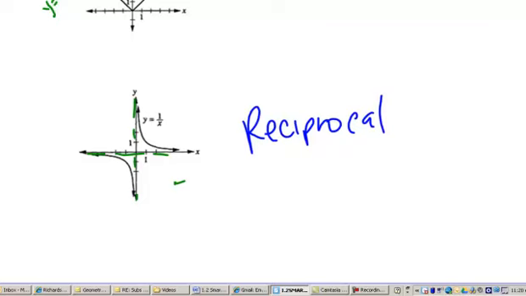let me erase this real quick. Let me show you why there's an asymptote. Okay, if I went ahead and said x equals 0, that would mean y equals 1 over 0.